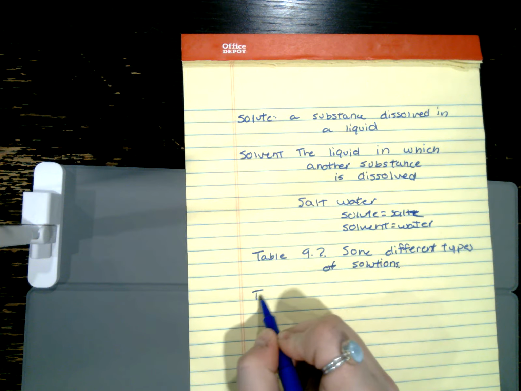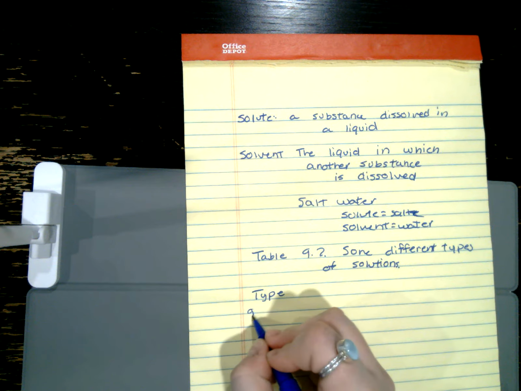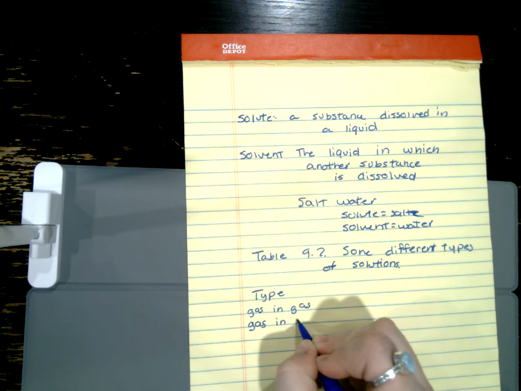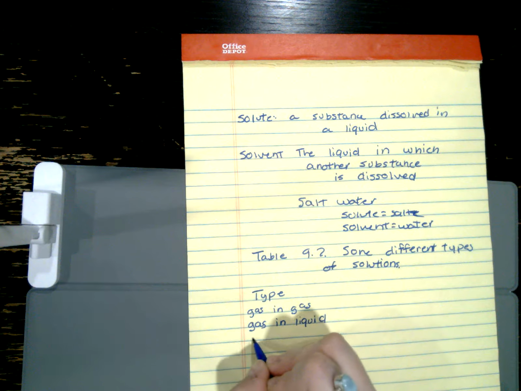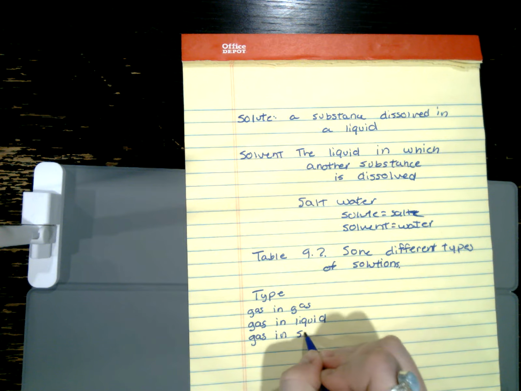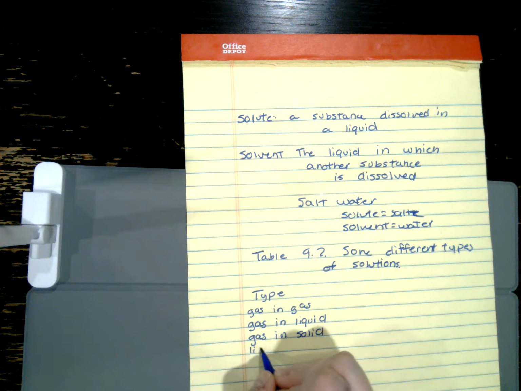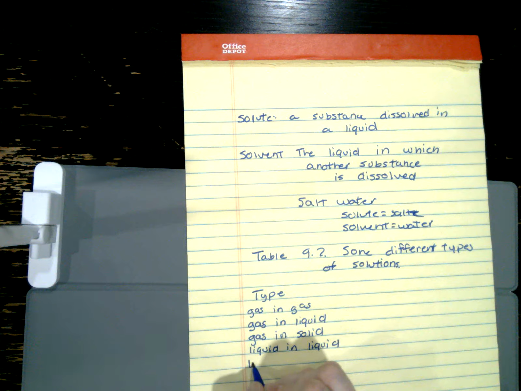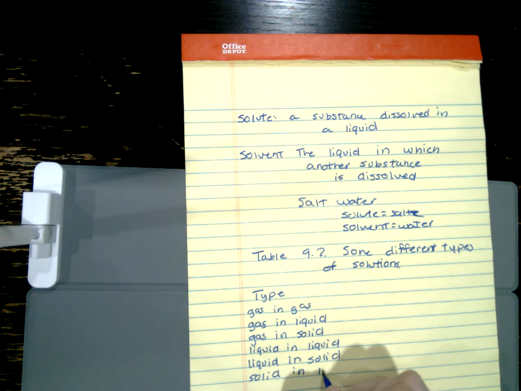Over here we have type: gas in gas, gas in liquid, gas in solid, liquid in liquid, liquid in solid, solid in liquid, solid in solid. You're going to need to know the examples for each of these.